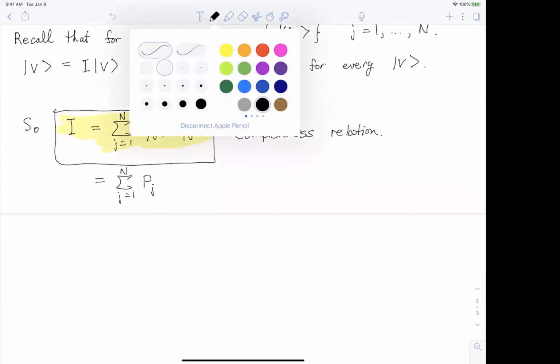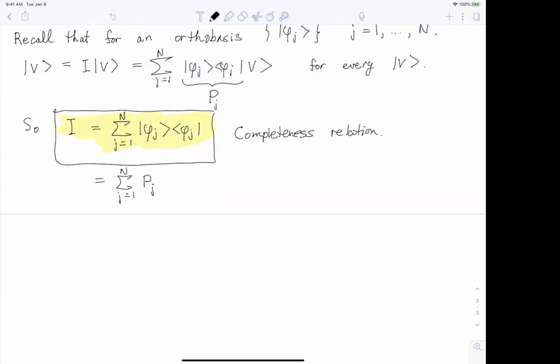Okay. So another thing about the projection operators for an ortho basis is also, let's say I take two projection operators and I multiply them together. So what does this mean? This means first I act with P sub k, then I act with P sub j. This is equal to |phi_j><phi_j|phi_k><phi_k|.